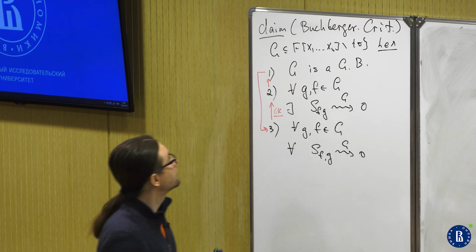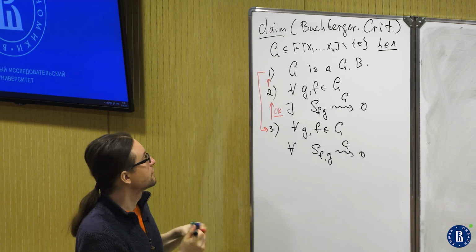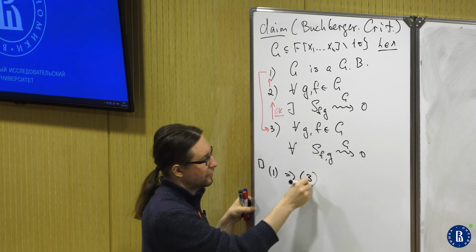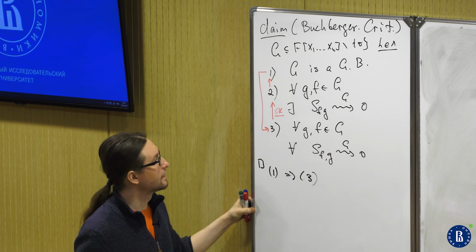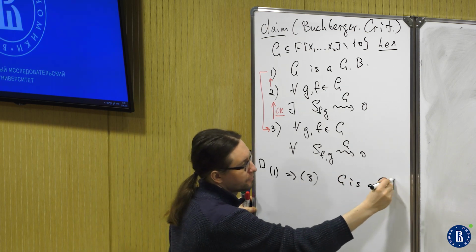So let me start from the implication from 1 to 3. It's not that hard. So suppose G is a Gröbner basis.